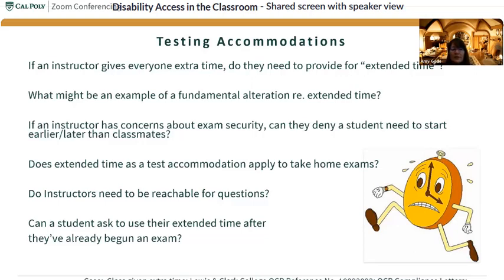Can a student ask to use their extended time after they've already begun an exam? No, they cannot. Accommodations need to be proactive. We have had students reach out to us about that, and we have to allow them to talk with you, their instructor, and we explain to the instructor, you would do for this student what you would do for any of your other students based on the excuse that they're telling you.